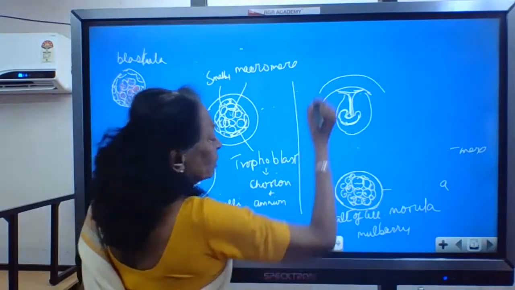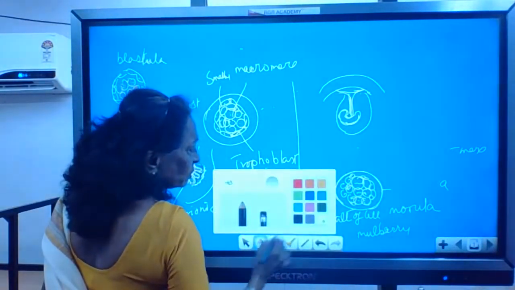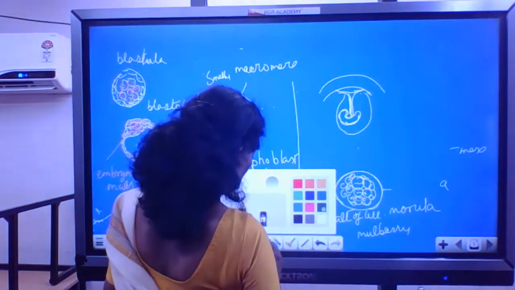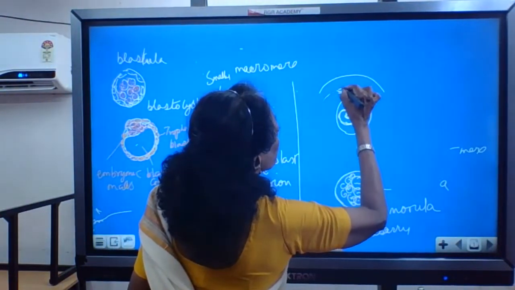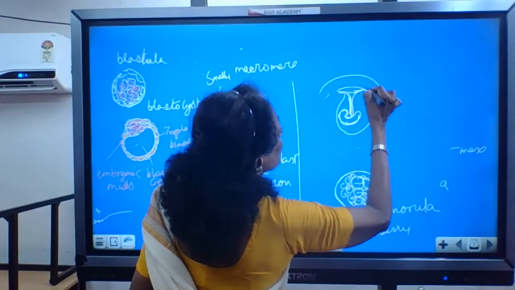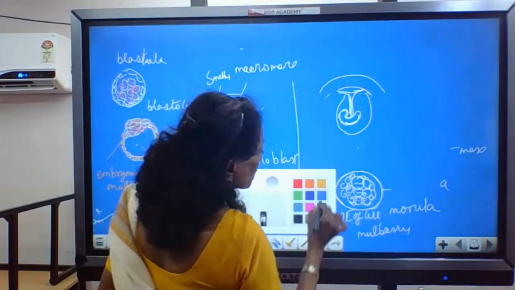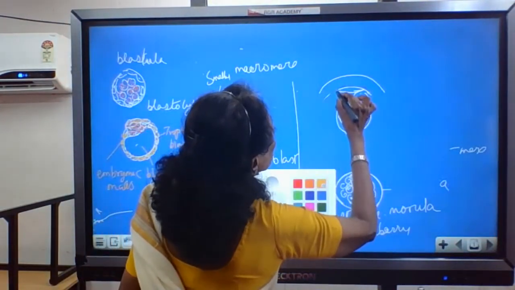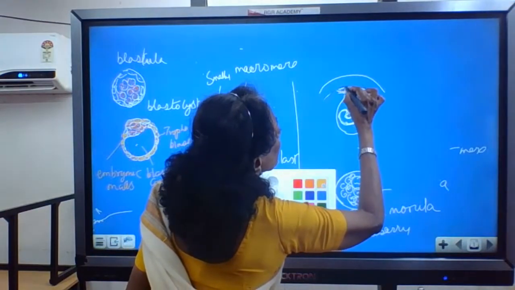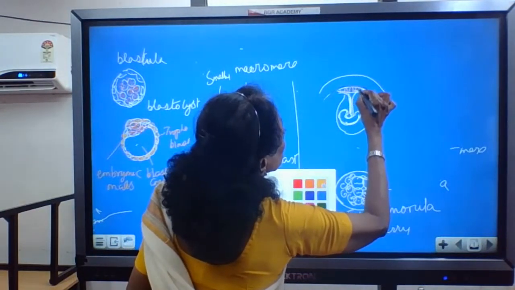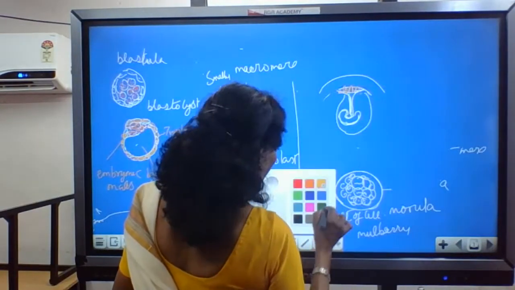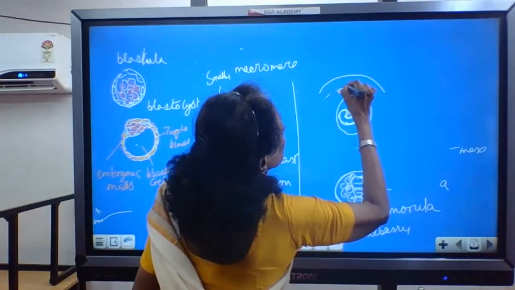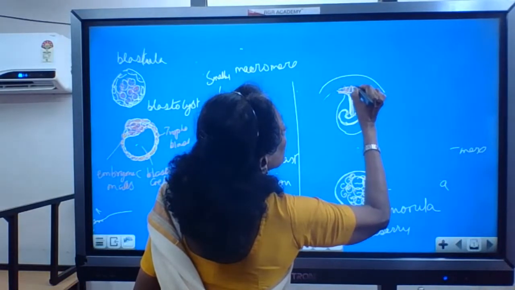Embryonic development. This is the wall of the uterus, the tissue of the uterus. This is the tissue of the placental chorionic villi inside, and the maternal tissue in between is the placental area.